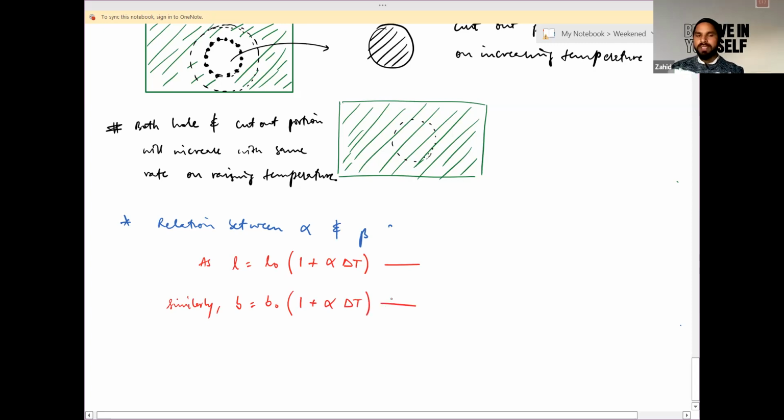Now, if you have to calculate area, area is nothing but the product of length and breadth. So on multiplying these two terms, length into breadth equals L naught into B naught, (1 plus alpha delta t) times (1 plus alpha delta t).